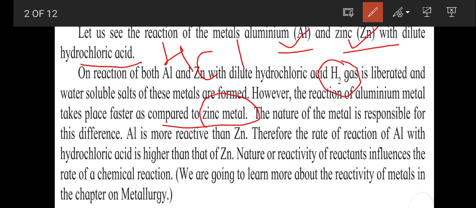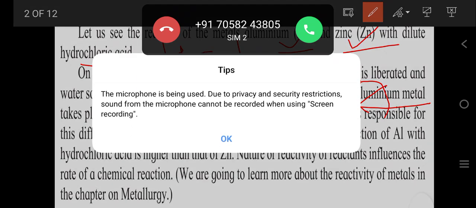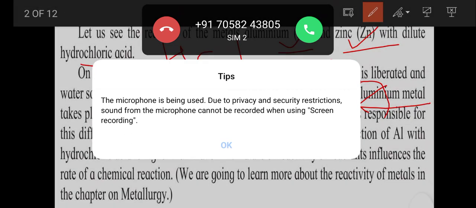Why? Because zinc and aluminum are two different metals. Aluminum reacts faster than zinc, which means the reactivity of aluminum is greater than that of zinc. So reactivity plays an important role.